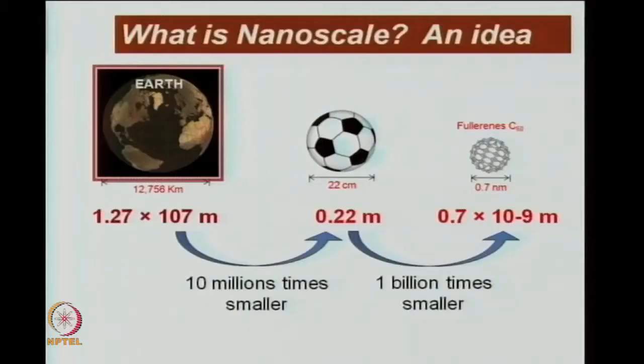If you compare the size of a football or a soccer ball with the size of the earth, then the football is around 10 million times smaller. And now, if you compare a nanomaterial like a C60 molecule, which is also called a fullerene, then the C60 molecule is nearly 1 billion times smaller than the size of a football.